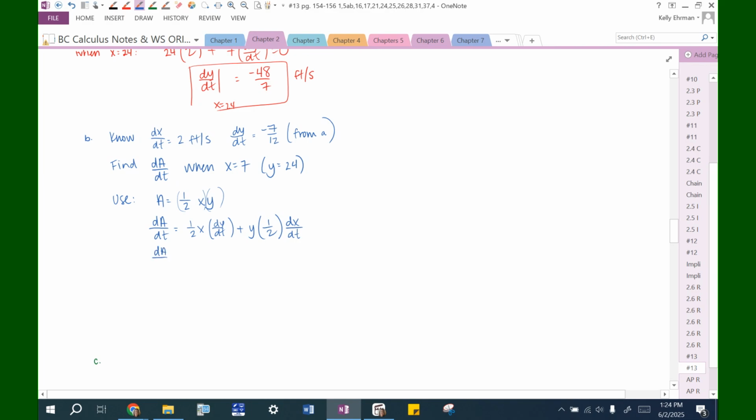So dA dt is equal to 1/2 times 7 times negative 7/12 plus y, which is 24, times 1/2 times 2. Again, you don't have to simplify this. I'll do a little bit here. This is negative 49/24 plus 2 times 1/2 is 1, so plus 24. That whole thing would be square feet per second.